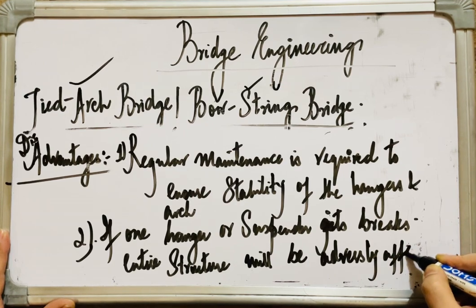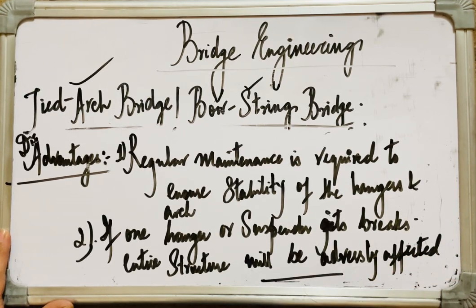So if one hanger or a suspender breaks, the entire structure will be adversely affected.